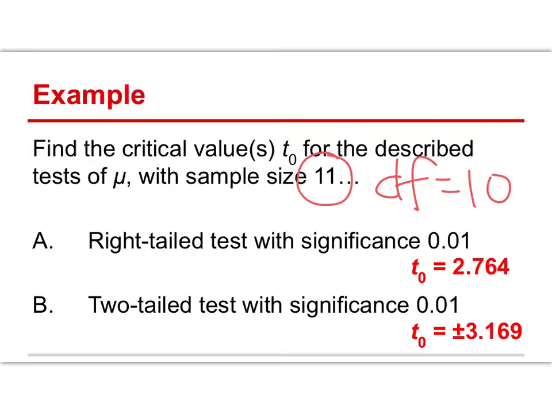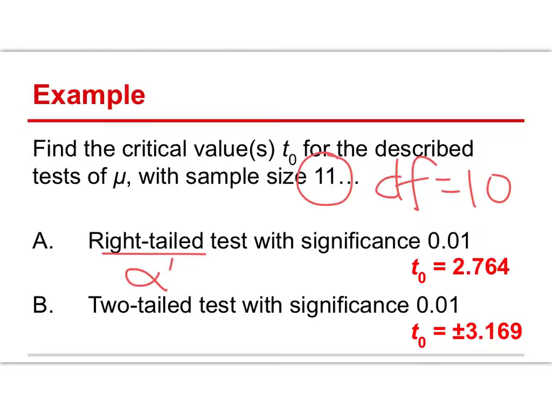And a right-tailed test, that means that we're interested in alpha prime, and at a significance level of 0.01, we will go to the column for which alpha single prime is 0.01, and then go down to the row for 10 degrees of freedom, and we find that the critical value, the target value that we're trying to exceed, is positive 2.764.